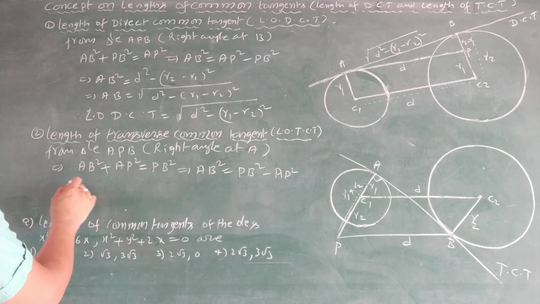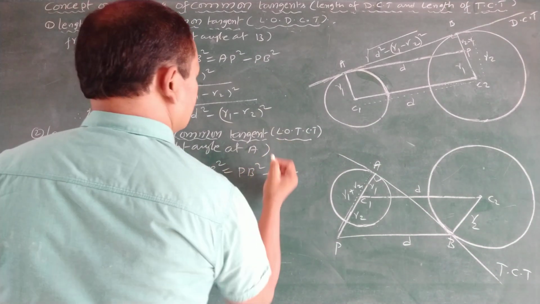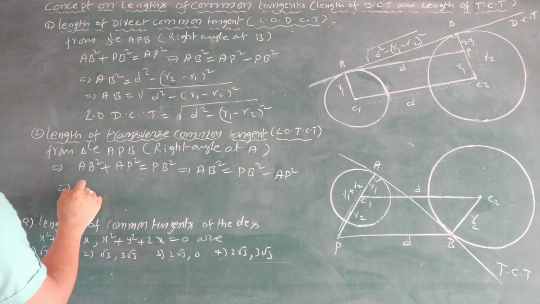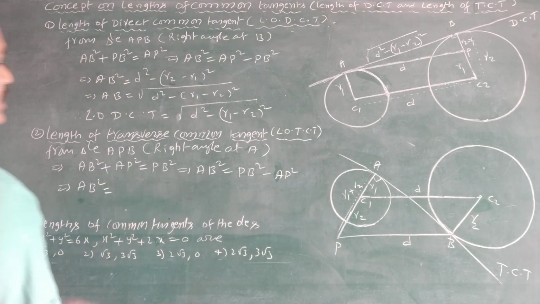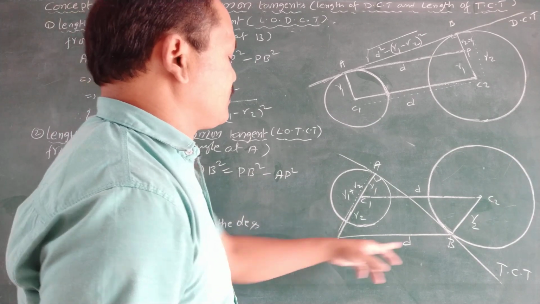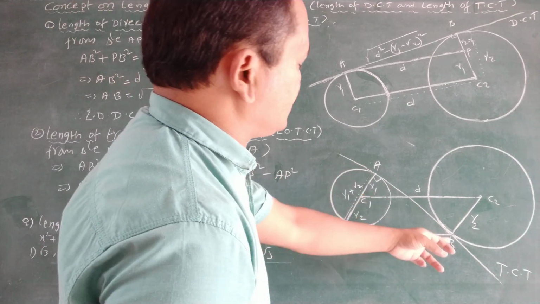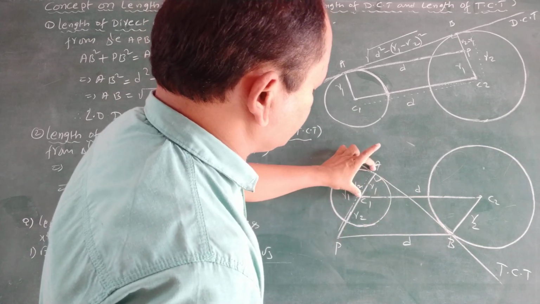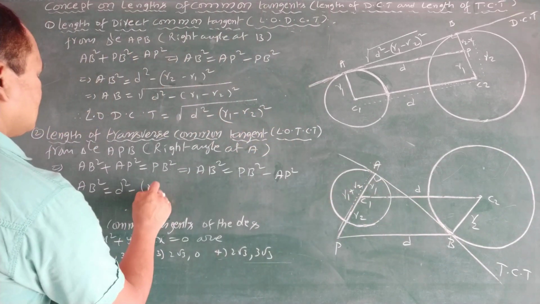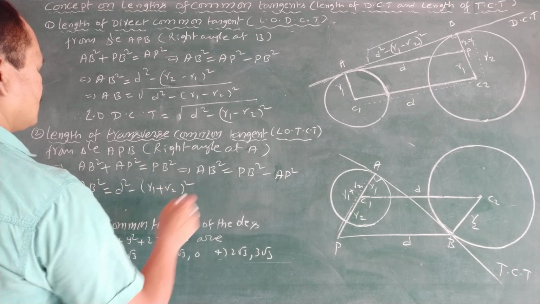Now what is AB square? Here PB square is D square, minus AP square. AP is nothing but this part R1 and this part R2, that is R1 plus R2 whole square.